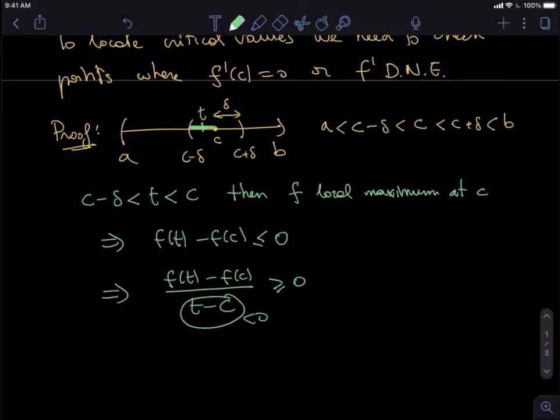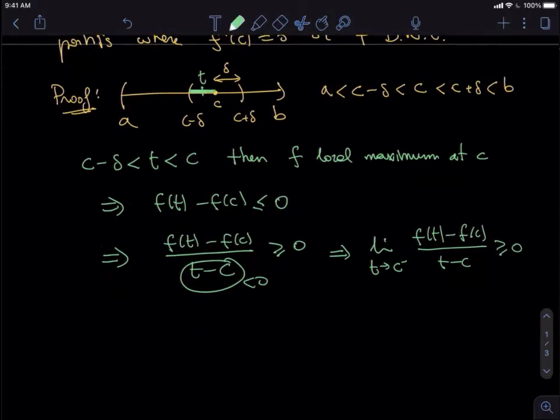Now we have the quotient that we need for the definition of derivatives, so we can let t converge to c from the left. And we get that the derivative at c must be non-negative.